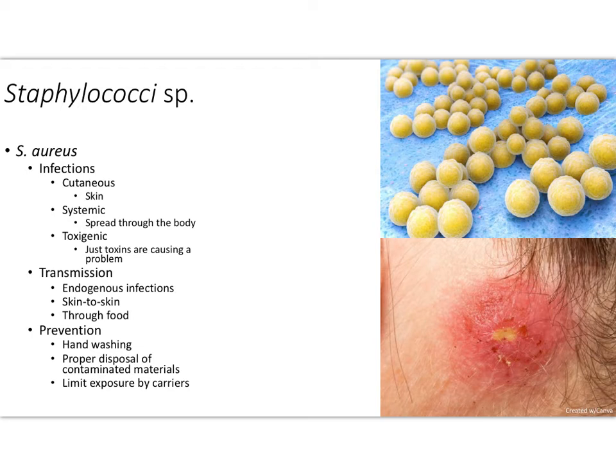When we ingest that food, the toxins from the staph are still there. The bacteria is dead, but the toxins are there. And then the toxins make it to our GI tract and cause usually about 24 hours or so of vomiting and diarrhea until the toxin is cleared out as a result of the vomiting and diarrhea.